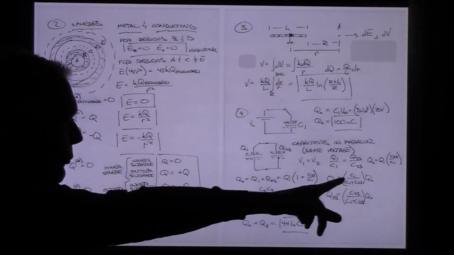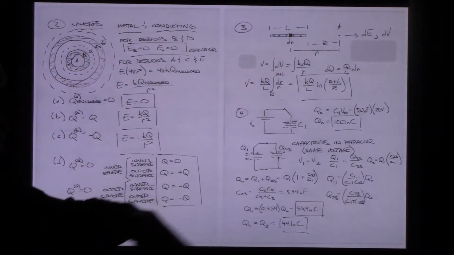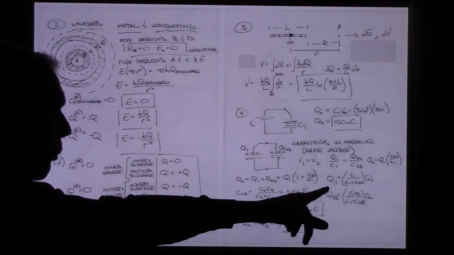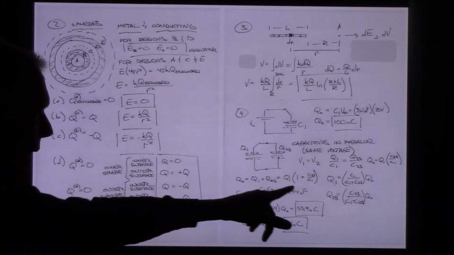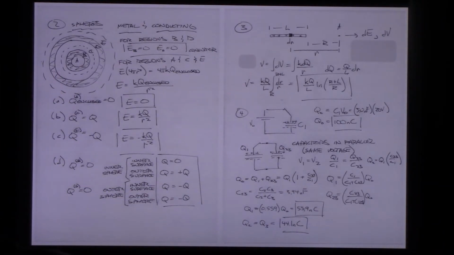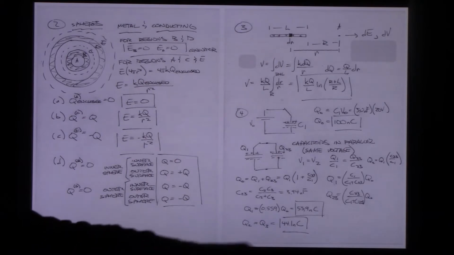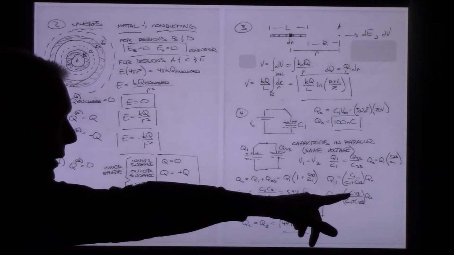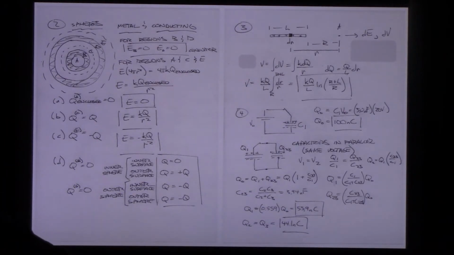So Q1 turns out to be a portion of Q naught, of that 100 nanocoulombs, and simplifying this expression, the portion is C1 over C1 plus C23. If we do the very same calculation for the other side, for Q23, we end up with C23 over C1 plus C23.